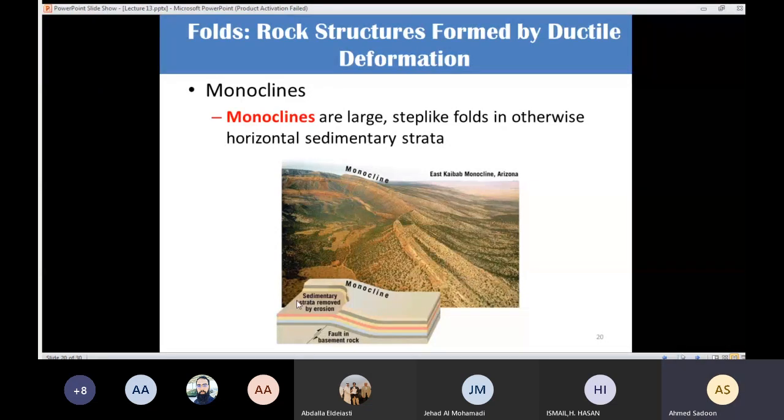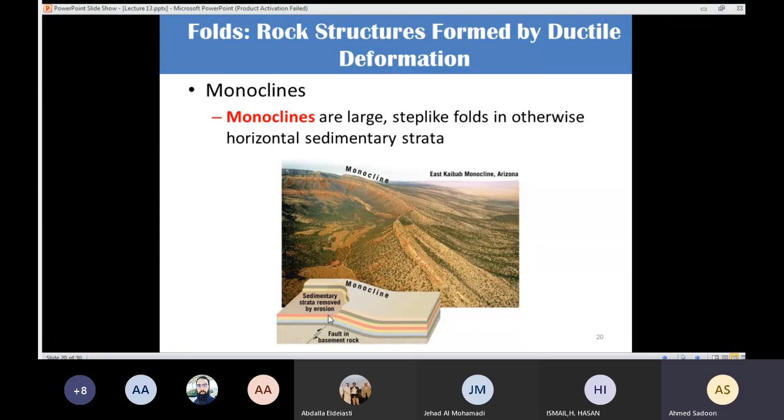And if this is sedimentary strata, it means that that part is easily removed by the erosion. So if you have a fault in the shape of a step, and that part is made from sedimentary rock or sedimentary strata, then the erosion is going to remove it.